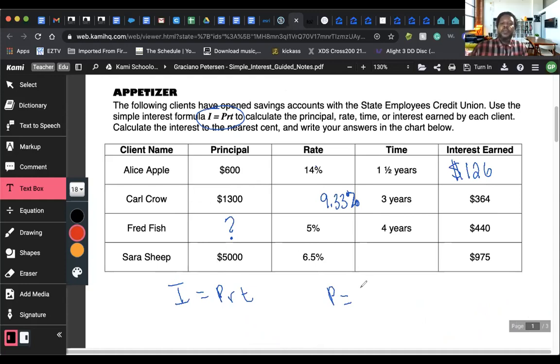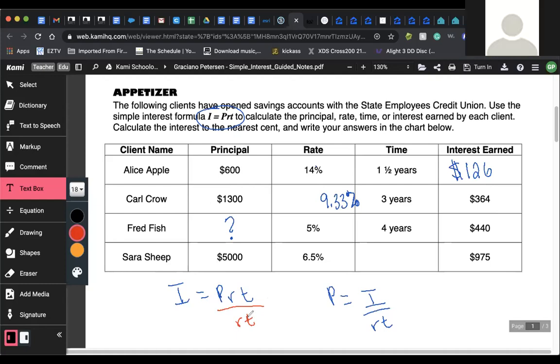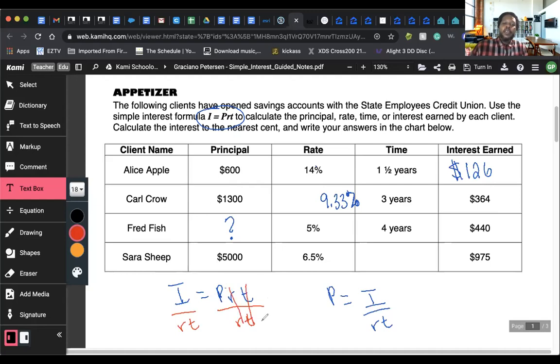Ah, there we go. P is equal to I over RT. Very good. And the way that we did that is that we just divided away the R and the T because we want the P by itself, right? Whatever we do on one side, we have to do on the other side. Here on the right, the R and the T's are going to cancel out to leave P by itself. So we have P is equal to I over RT.